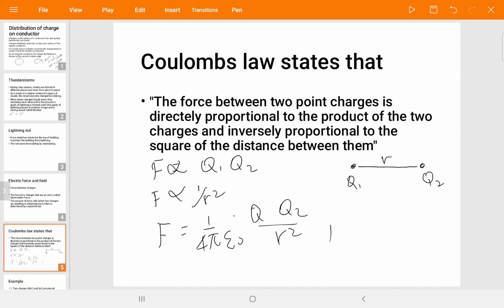So 4 pi is a constant number, and epsilon naught is a constant called the permittivity of free space, which has a value. But rather than using epsilon naught, it's better to have another constant, which is called the electrostatic constant.